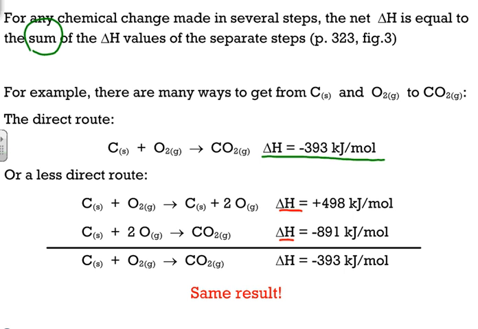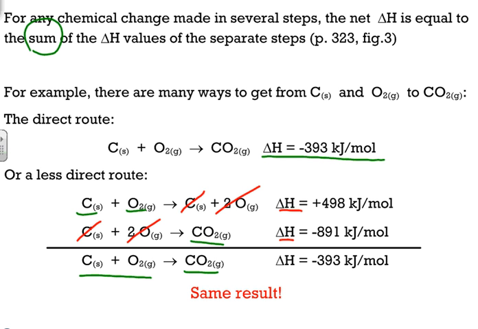So in this case, I've got carbon on my reactants, carbon on my products. I can cancel that out. I've got atomic oxygen over here and atomic oxygen over there. Can cancel that out. What am I left with? Carbon, oxygen, carbon dioxide. Carbon and oxygen on my reactant side, carbon dioxide on my product side. So my equation ends up being the same.